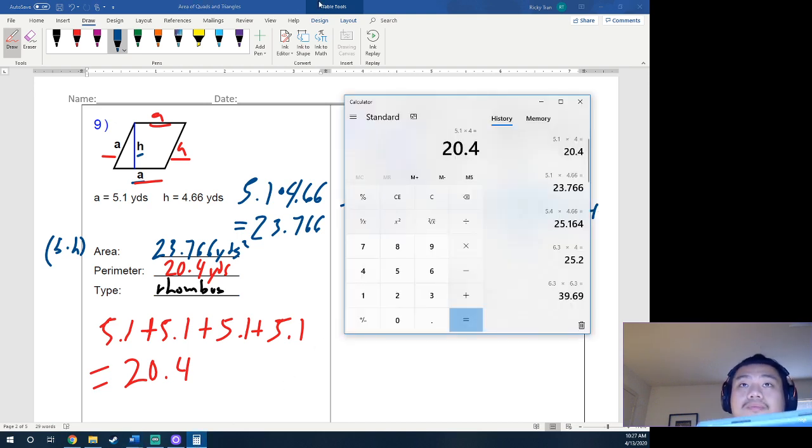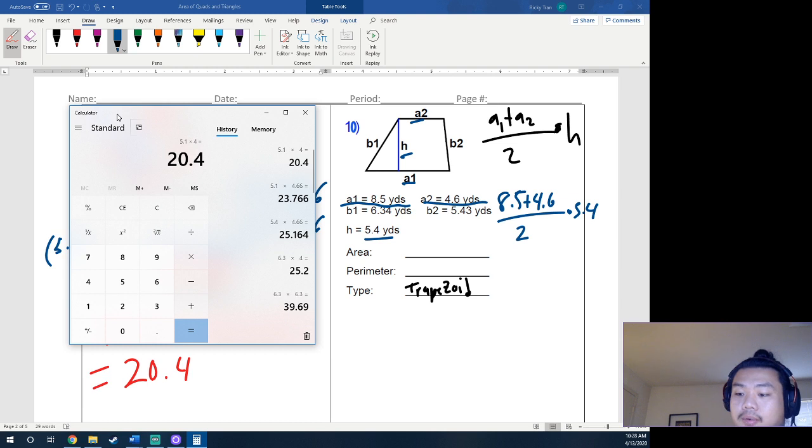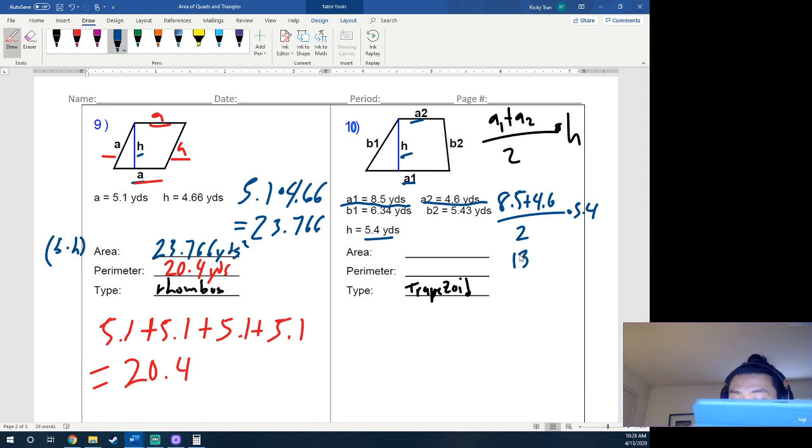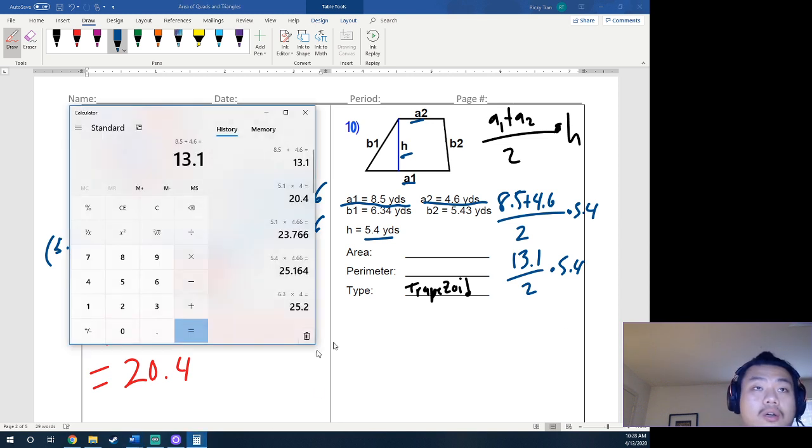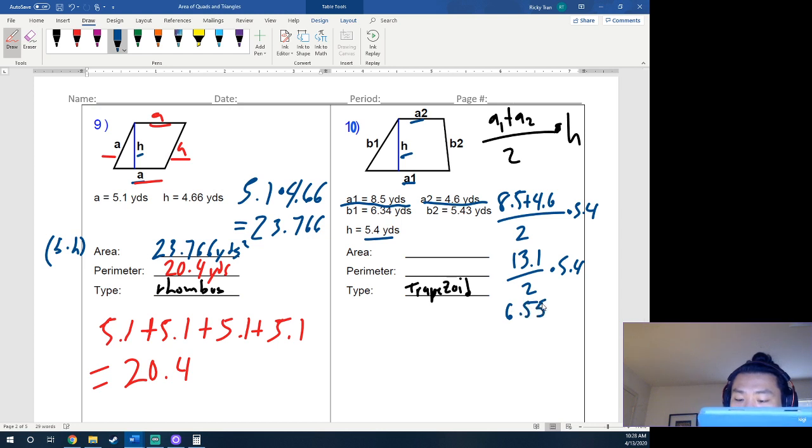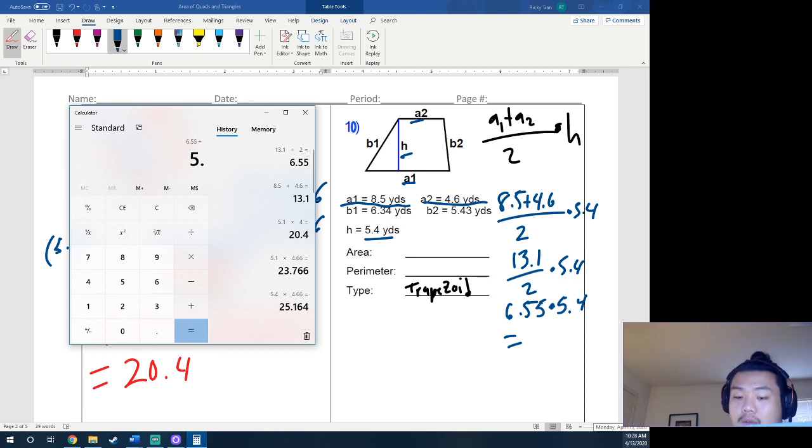So 8.5 plus 4.6, which is 13.1, over 2, or divided by 2, 6.55 times 5.4, which is equal to 11.95.